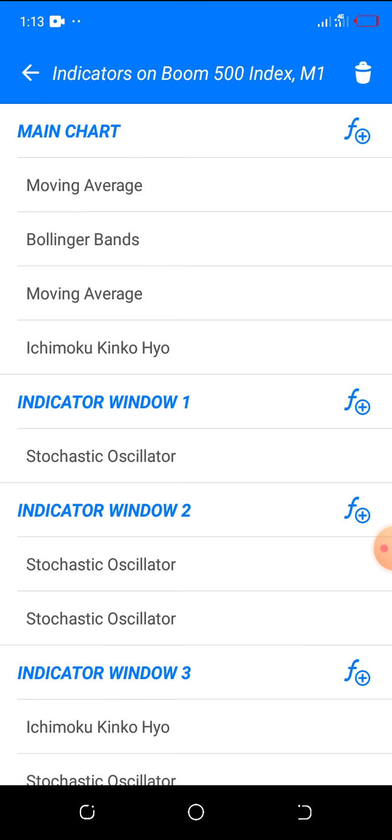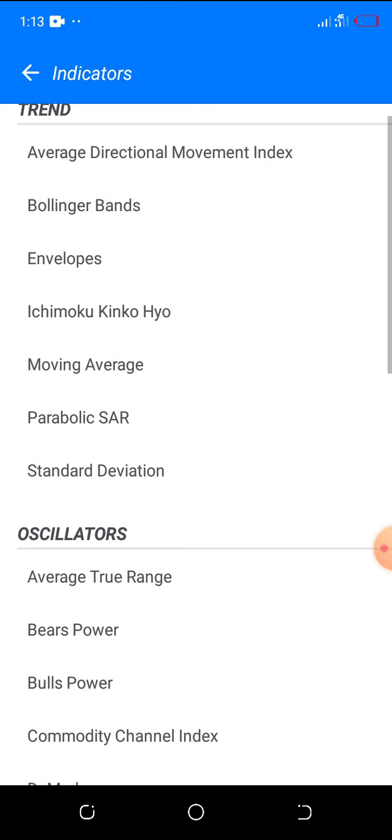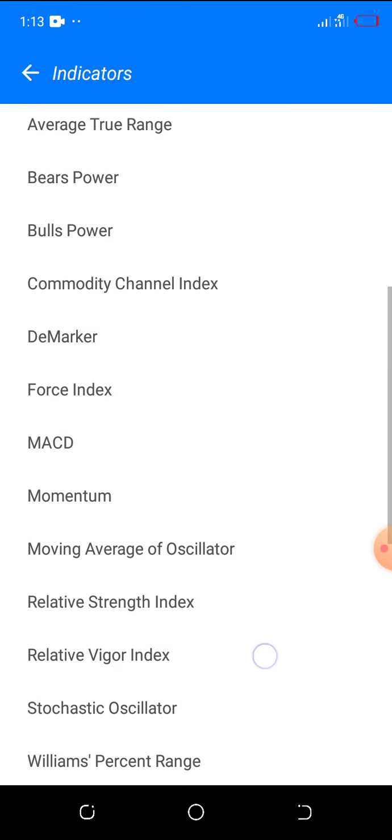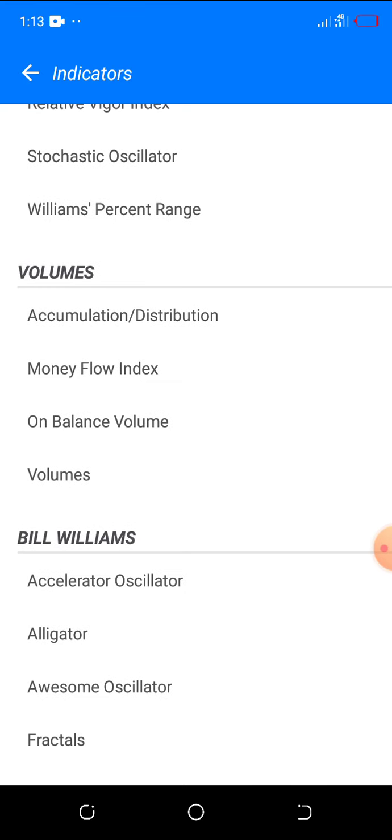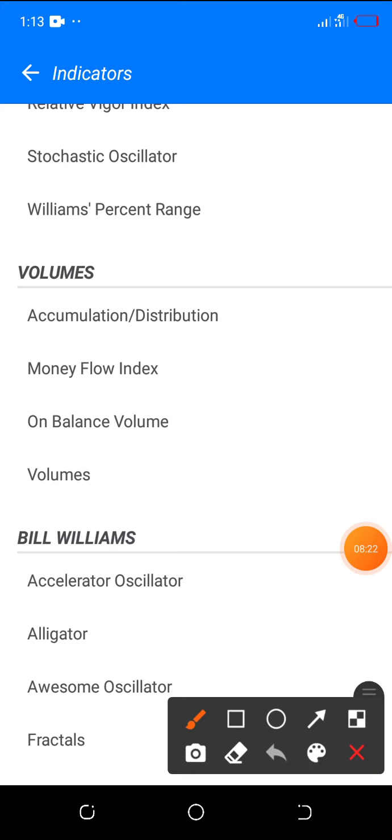Let's go on. So we've talked about trend, oscillators. Then let's go to volume. Volume here is showing you the flow of price in the market at that particular point.